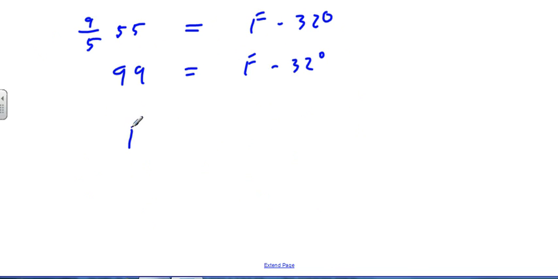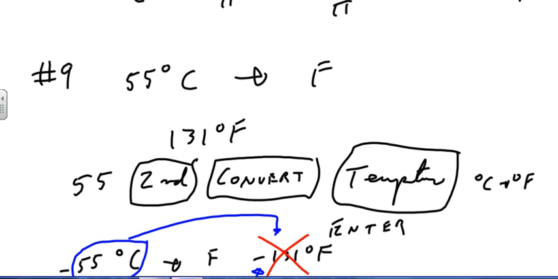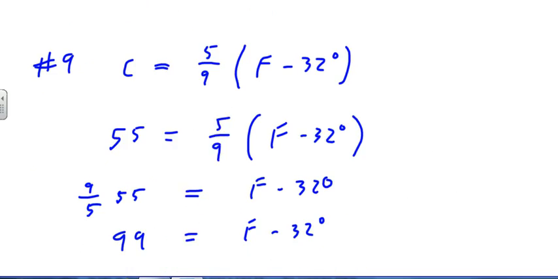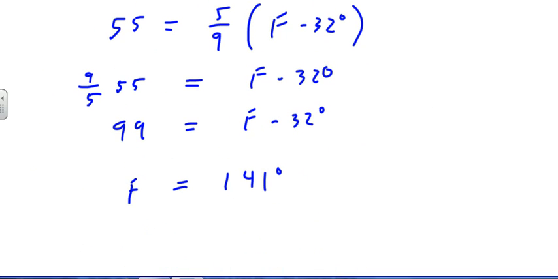And I get f is what? 141. Is it supposed to be 141? 131. How come I got 141? Because I can't add? Yeah, 131. Okay, there we go.